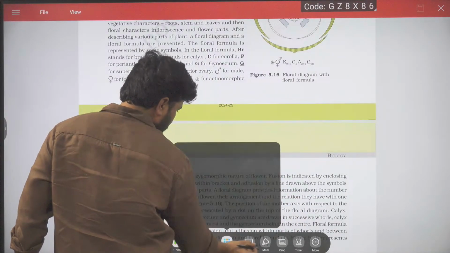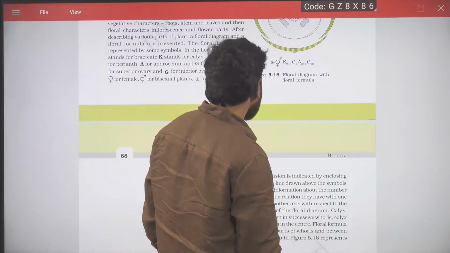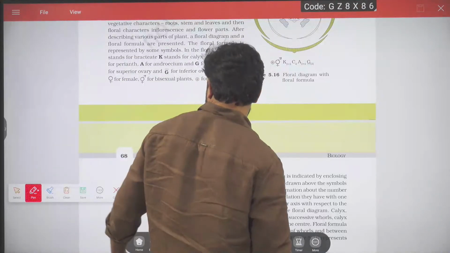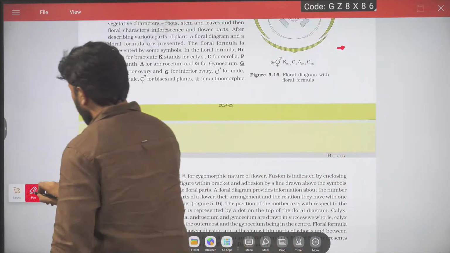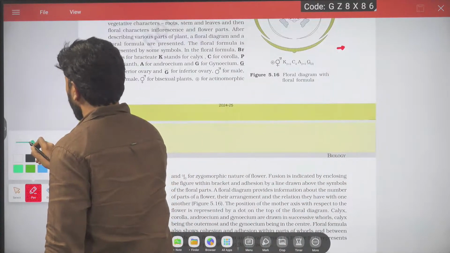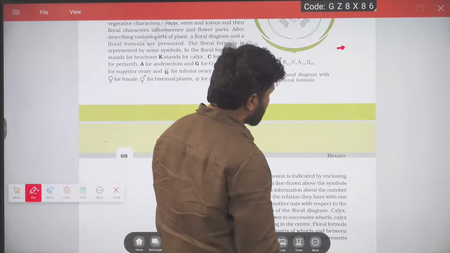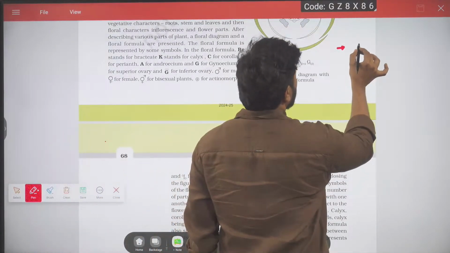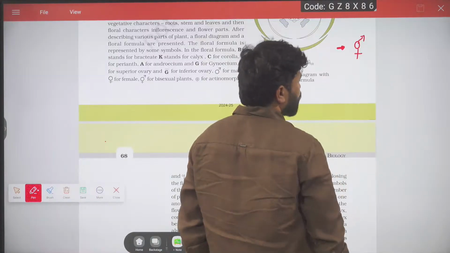First one, if you are talking about a flower, before that a plant and its characters, take first one, sexuality of a flower. What type of sexuality does it exhibit? If it is bisexual, there is a symbol for that bisexuality.